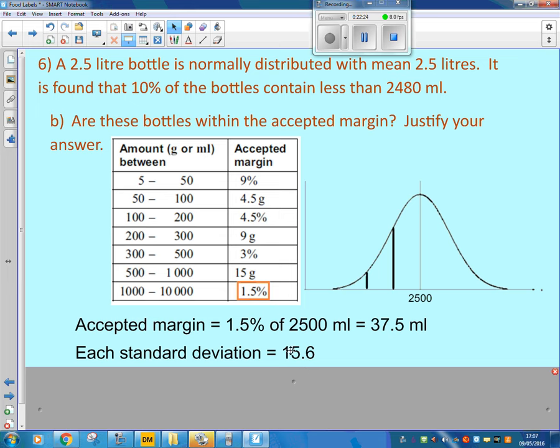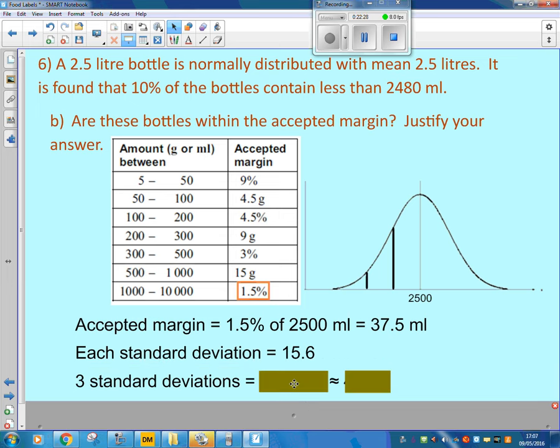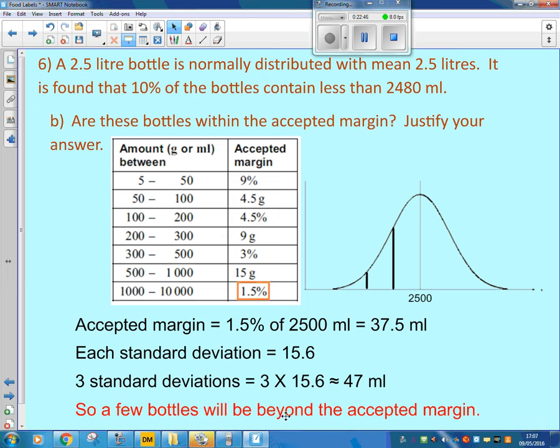So there'll be 3 lots of 15.6 away. Well, 3 standard deviations is about 47 millilitres. So I will have some bottles which are 47 millilitres away, but I'm only allowed to go 37.5 millilitres away. Therefore, a few bottles will be beyond the accepted margin.